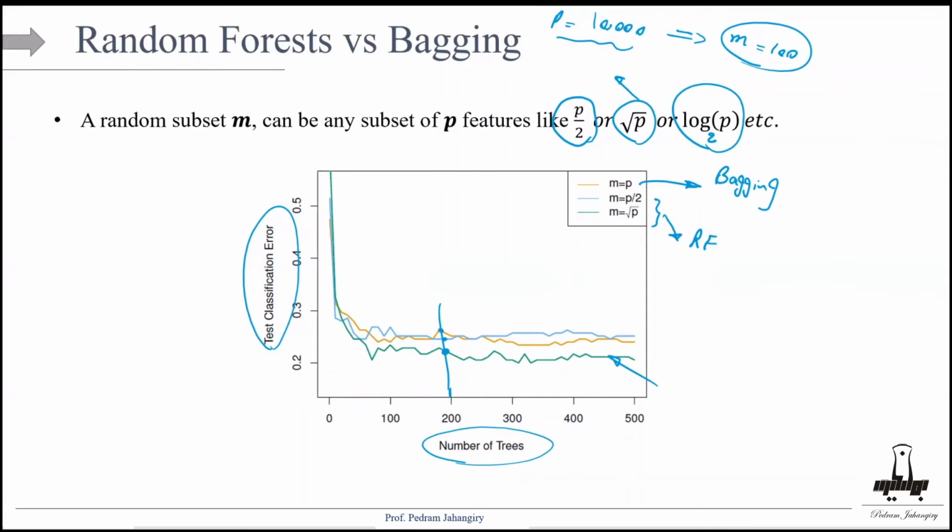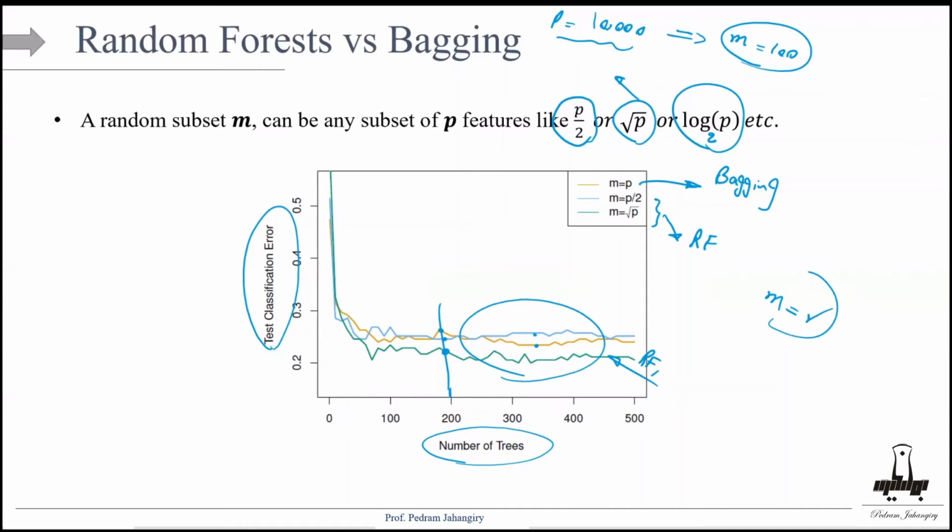So as you can see, it seems that the random forest model number 1 is outperforming the bagging, and bagging is outperforming the random forest model number 2, right? So again, depending on how we pick M, the random forest can outperform bagging or not, at least in this example.